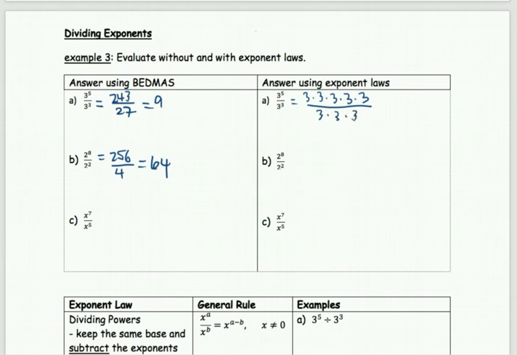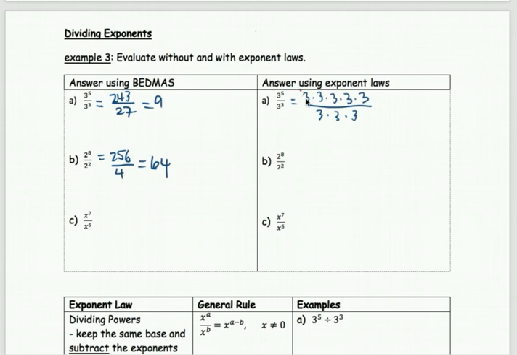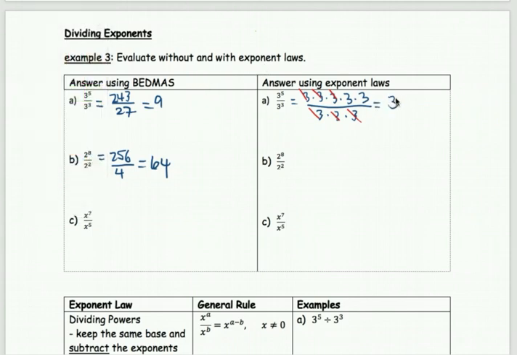When we do that, I can cancel out some at the top with 1 at the bottom, 1 at the top, another 1 at the bottom, another 1 at the top, another 1 at the bottom, and that leaves me with just 2 of these left. So 3 squared, which is 9. We'll keep going and then see if we can see some sort of connection here.